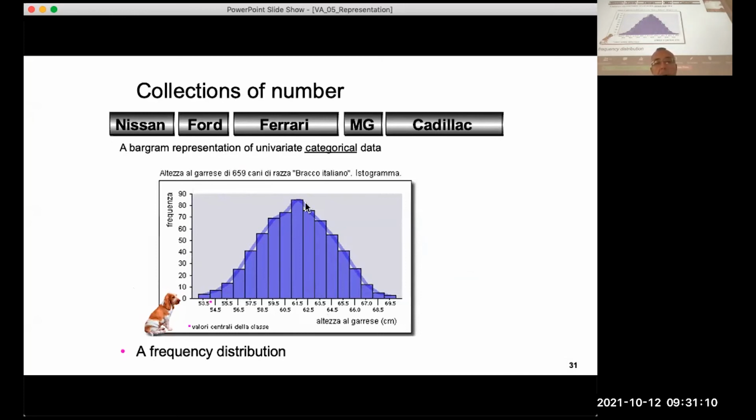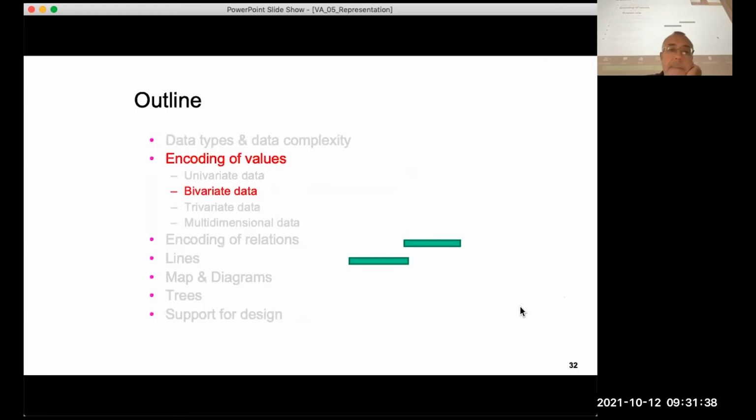We represent a collection of numbers either with the frequency of elements in a bin, or using a shape interpolating. We saw some examples in number visualization. Both solutions are good for depicting a collection of numbers. And basically we are done with the single values, and we move to two values.